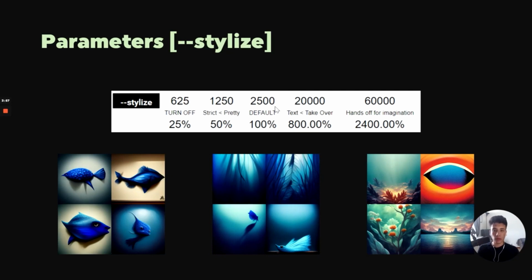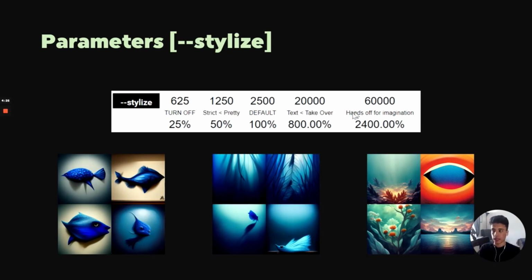And the default, if you don't use this parameter at all, it'll automatically go to 2500, and it will be a bit better, a bit more beautiful, and it looks like this. It has more, for example, the ocean in it. It's swimming. It's more artistic in a way. And then if you go overboard, you're just 60,000. I don't care. Just give me something totally that you want to imagine.